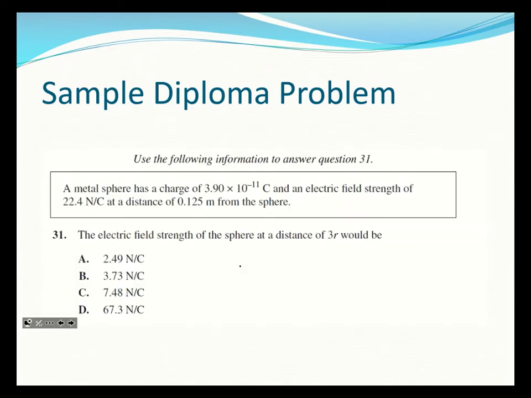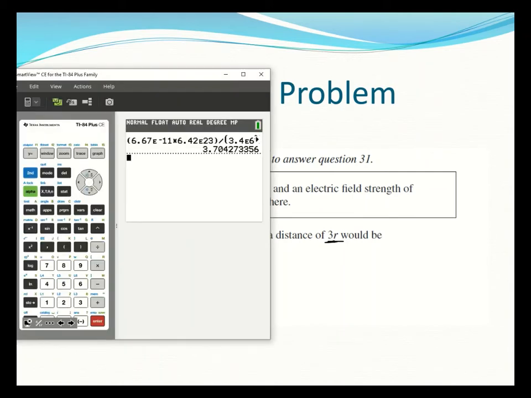In 31, we're trying to find electric field strength. And they want to know the field strength at 3R, so 3 times away from that, so 3 times this radius. Okay, so we can just calculate that if we want to.